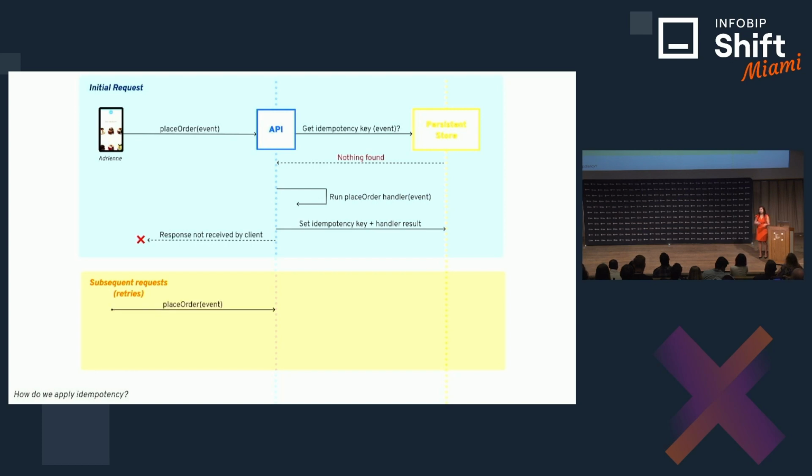So next time I resend a request, it's going to say, hey, I have seen this before. It's checking the persistent store. It's going to say, I've seen this particular idempotency key. I've seen this request. We do not have to run this again. So sorry, Adrienne, you're not going to get 2 cakes. But your initial intent, the intent that you wanted to order a single cake, will actually happen.